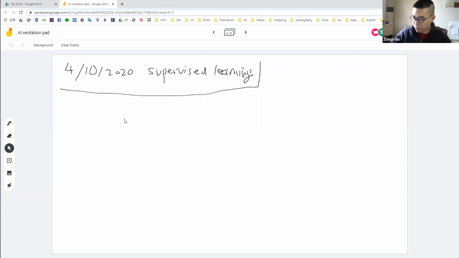Okay, so supervised learning. We're going to do an example on LMS and on naive Bayes. Hopefully you know how exactly this works.